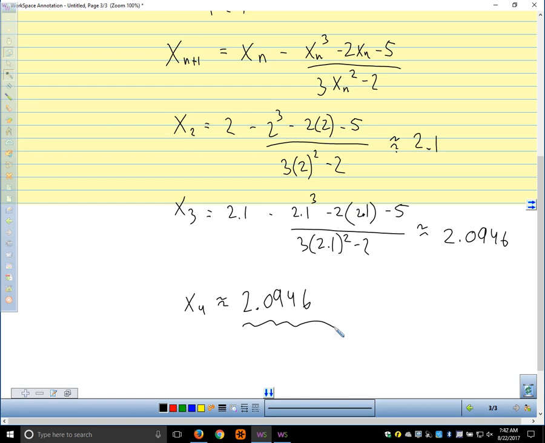So if it says go to the third iteration, go to x sub 4? Yeah. Because our guess is the x sub 1. And I just didn't write out what it came up with, 2.0946. It plugged in all those parentheses. All right. Everybody see the method?